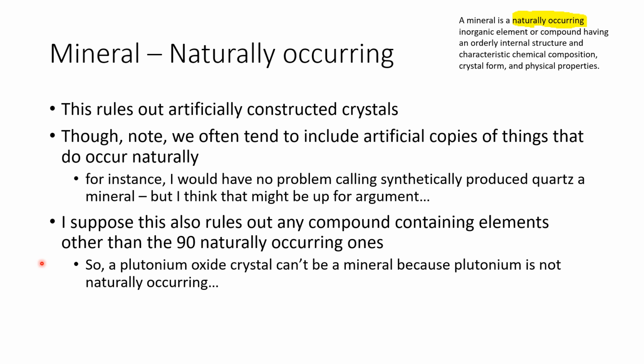Well, so if that's the case, then plutonium itself is not a natural element, and so a plutonium oxide crystal would not be considered a mineral by this definition. It would look like a mineral and act like a mineral, but we would not let it be called a mineral, I guess.